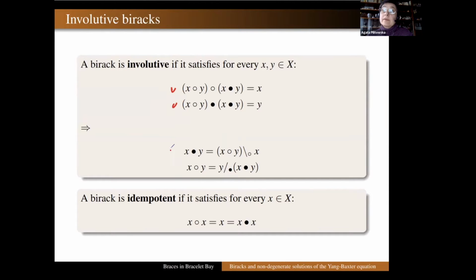For example, the right multiplication is uniquely defined for involutive Biracks by left multiplication and left division. And we call a Birack idempotent if the result of both multiplications, left and right, x by x is equal to x. It immediately forces that the same condition is also true for left divisions.